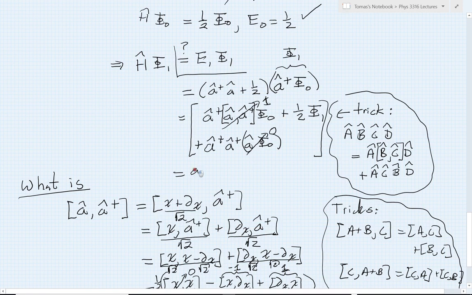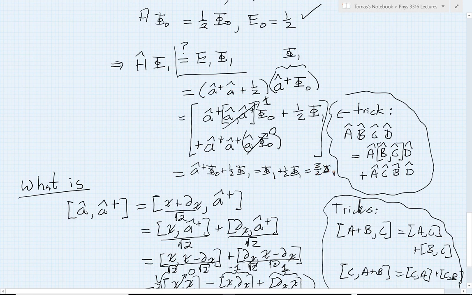So this gives me a hat dagger phi naught plus 1/2 of phi 1, which equals phi 1, which is what the a dagger does to my phi naught. That's what we had started with, that state, plus a half of phi 1. So the result is 3/2 of phi 1.